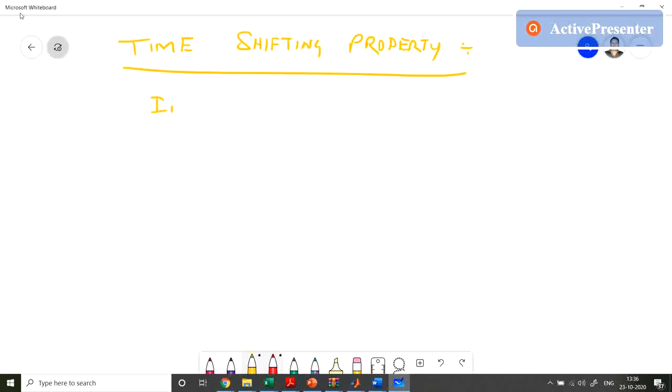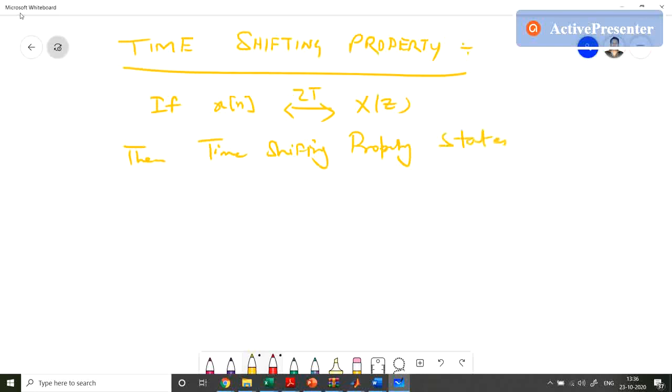According to this property, if x[n] has Z transform X(z), then the time shifting property states that for x[n minus m], because we are going to shift the time from n to n minus m, the Z transform is z raised to the power minus m into X(z). So this is called the time shifting property.